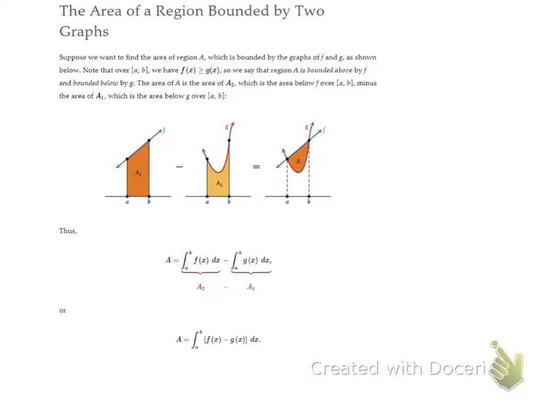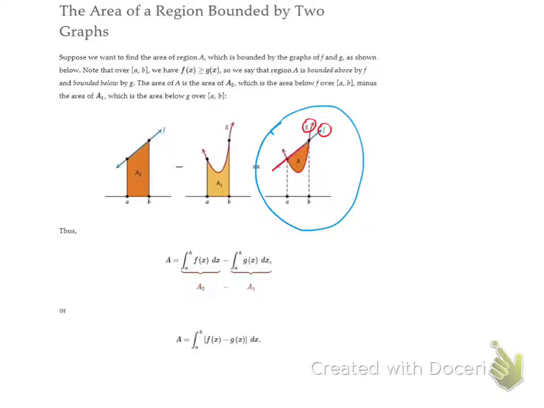Next, we want to look at how we can find the area of a region bounded by two graphs. So for instance, in this picture right here, we're trying to find the region capital A, which is the region bounded by function f and function g.